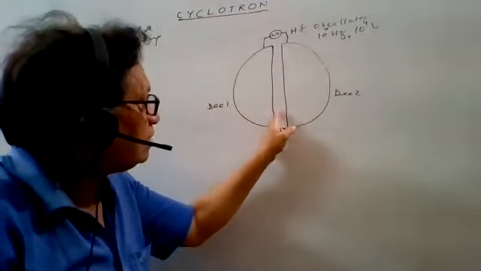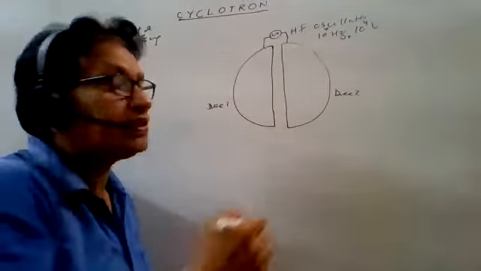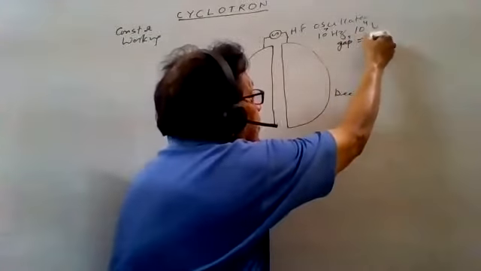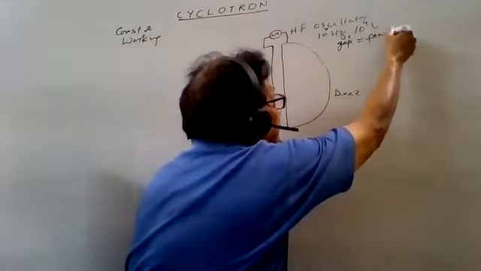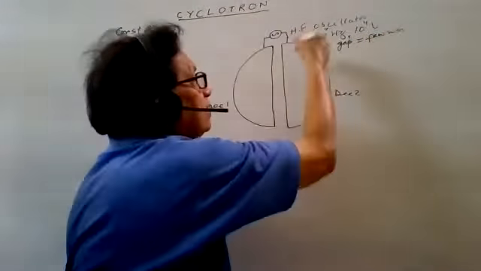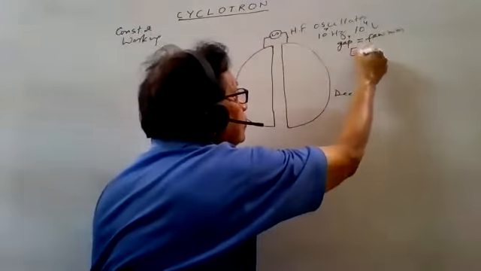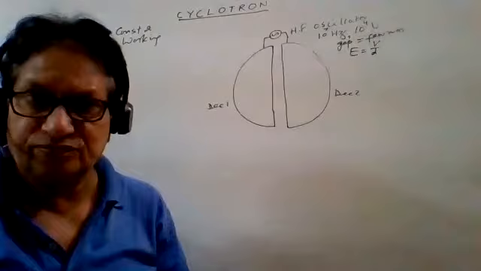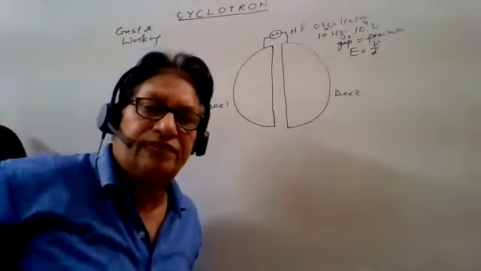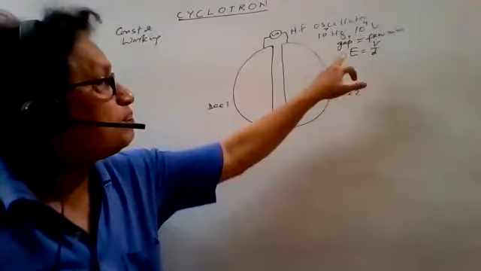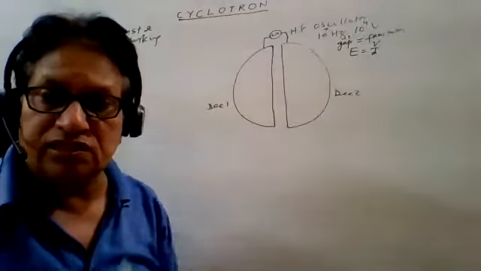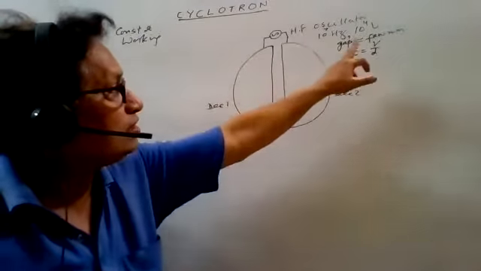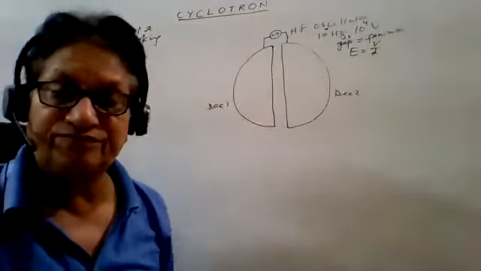The gap between the two discs is few millimeter only. So the electrical field, voltage divided by this gap, E equal to V upon D, is very high.